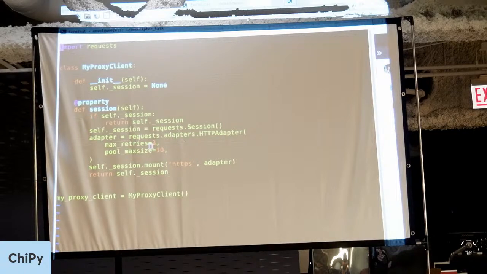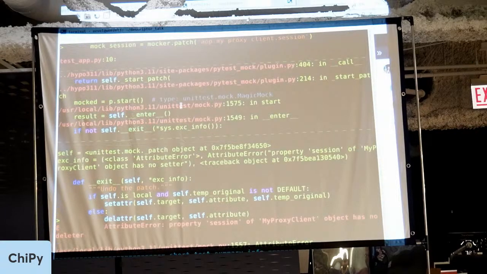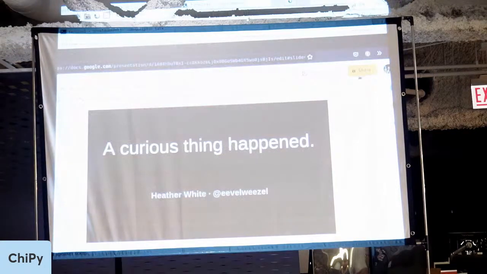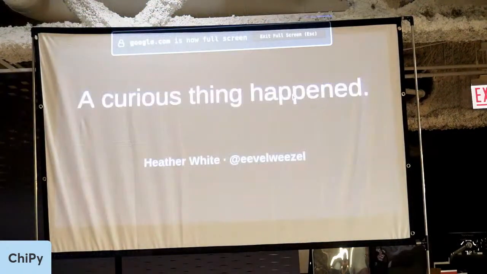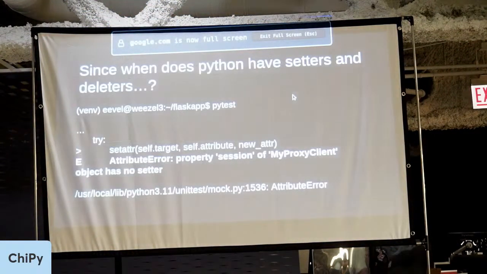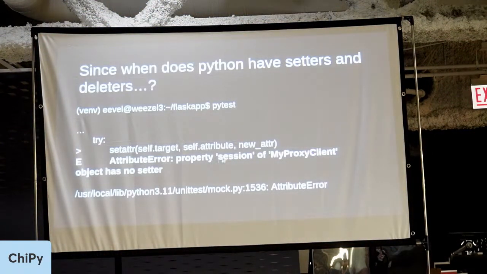We've set an adapter to define how many times we retry and manage the pool size, specifically when used for HTTPS. That's nothing particularly strange. So specifically, this here is kind of telling about what's going on.